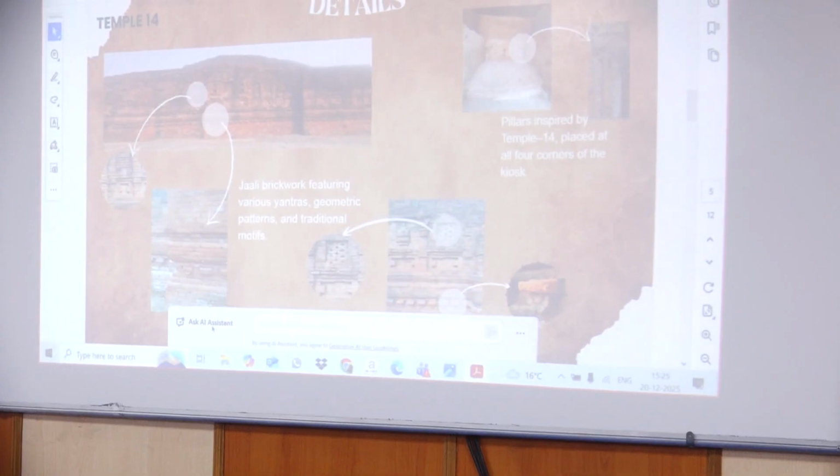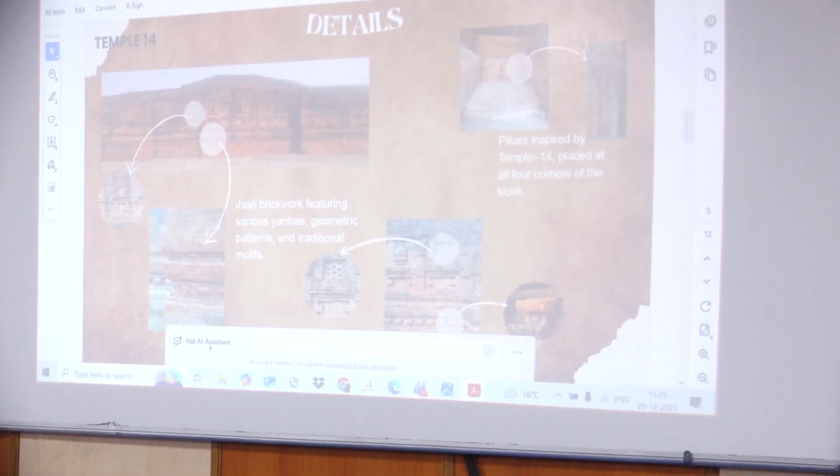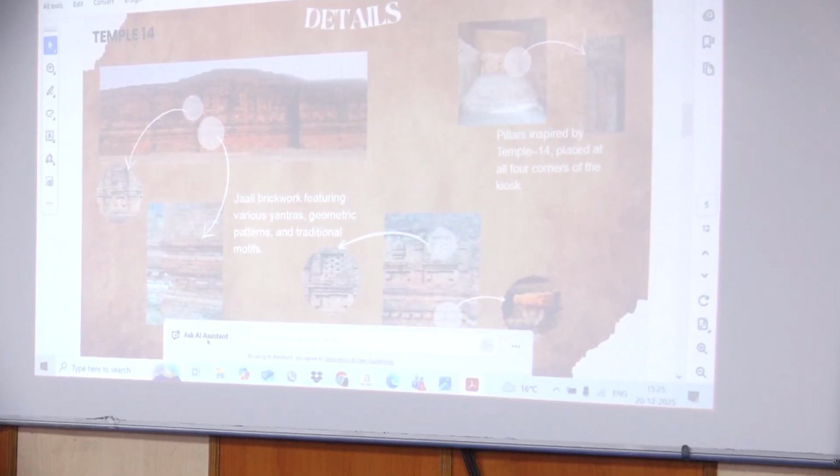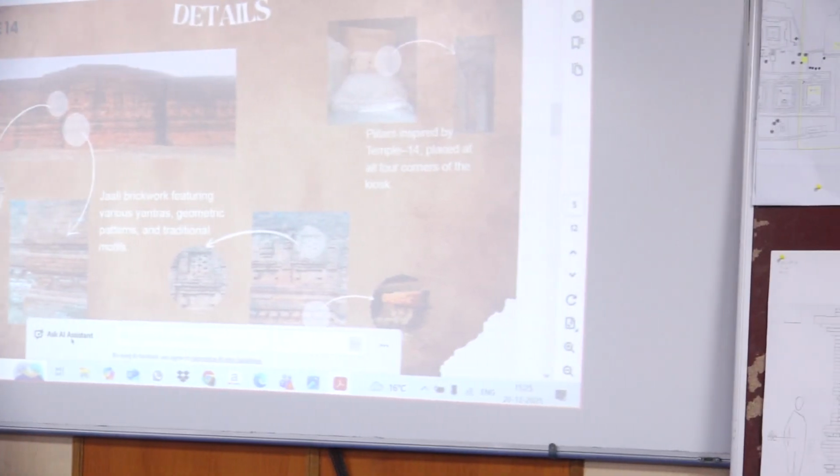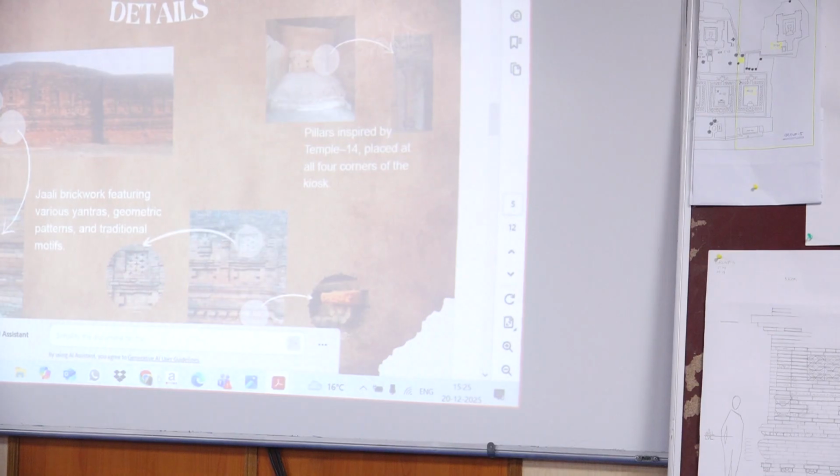There are four placed in the 4 corners of the kiosk. We are planned in the kiosk, and we can see one type of window that we observed here, and one type of window here, and a few patterns we observed in the lower structure of the temple.